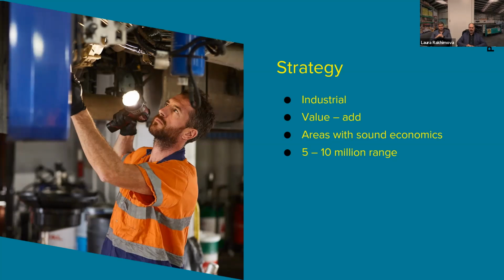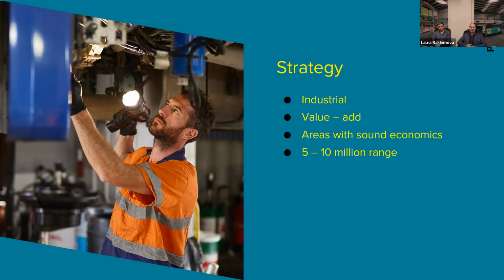Yeah. And we've found our niche is between 5 and 10 million. Anything above that, you start getting into a single tenant with a very, very large rent, and you find it hard to replace that tenant. And it's a fact of life that you do change tenants in commercial property, so you want to be able to do that very easily.